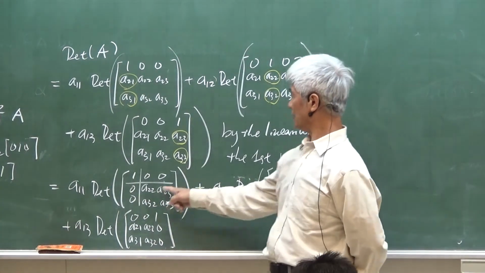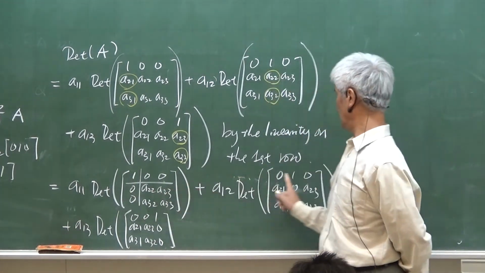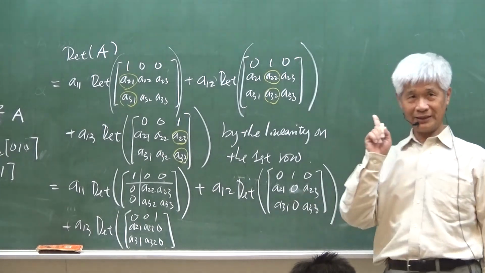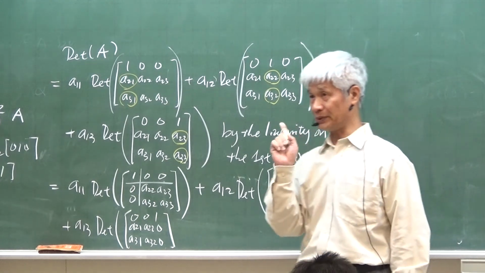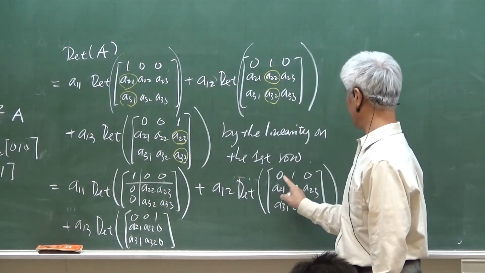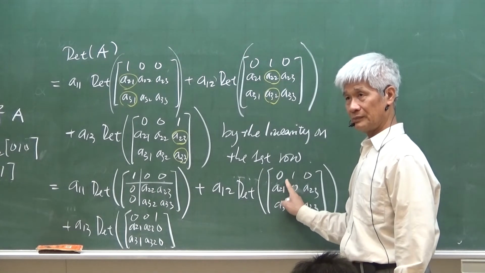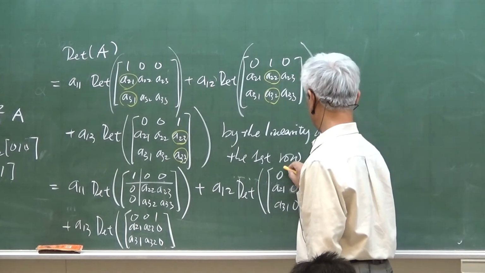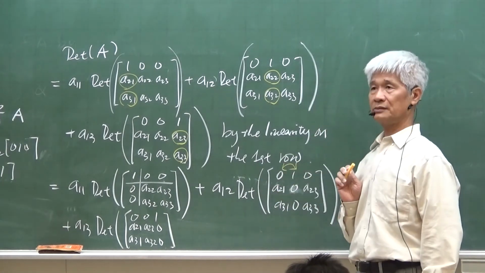But we want this form. How do we get to this form? Well, you can use column operations now. This is the first time we use column operations. We exchange the first column and the second column, but once we exchange, the sign should change.